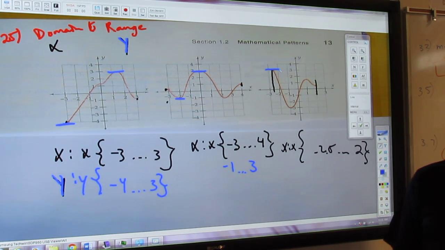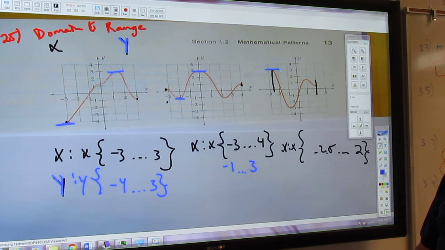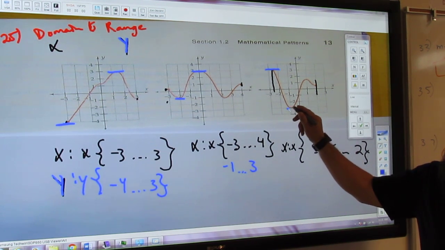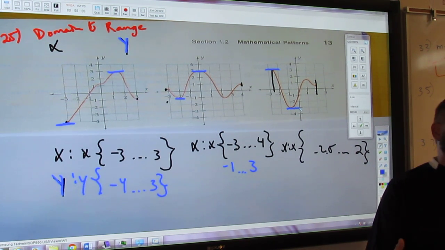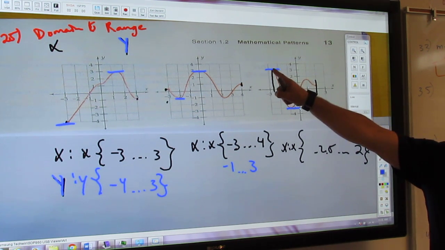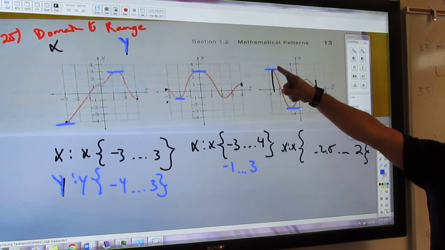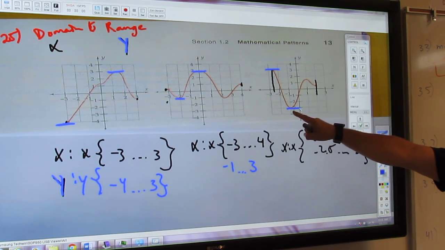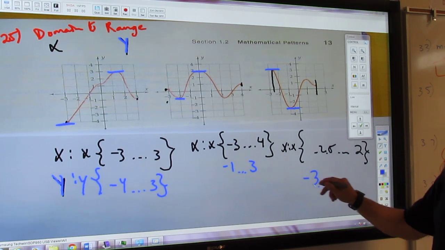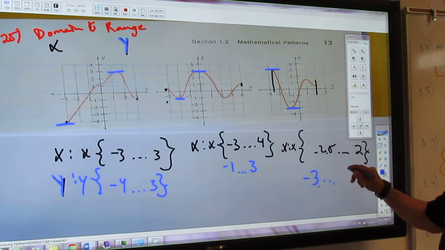Why did I say negative one? Because where it is 1, that's the x, but the y is -3. Oh, you were looking at it earlier? Okay. So the highest point is 3, and the lowest point is -3. So this should be from -3 to 3.